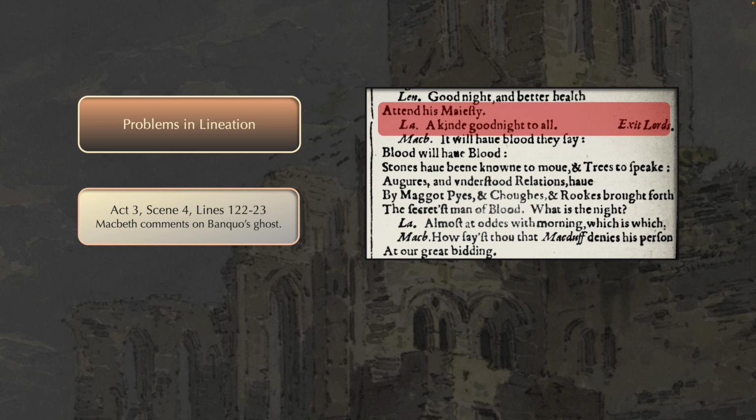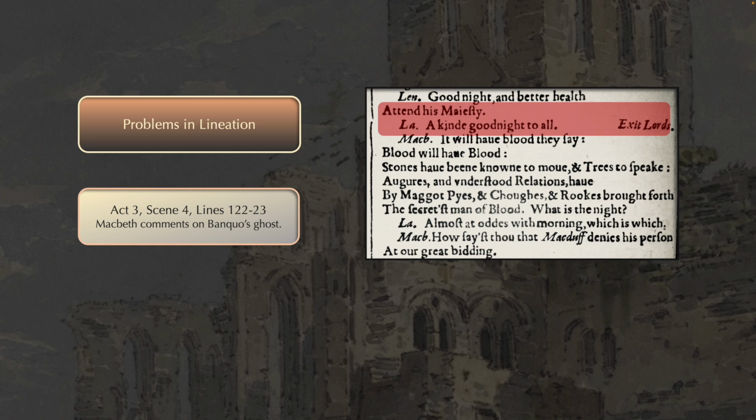So what you're going to notice here is that we have 2 half lines, attend His Majesty and a kind good night to all. They look like separate lines. They're printed that way. The problem with it is that it ruins the flow of Shakespeare's blank verse to break the lines like this.